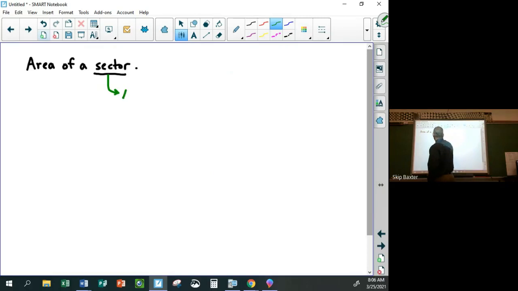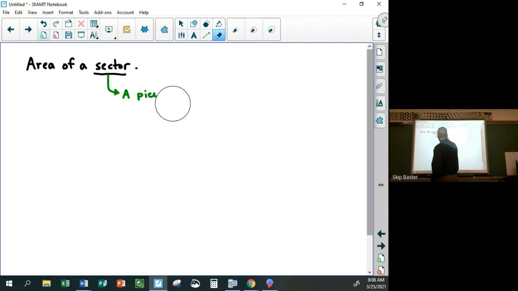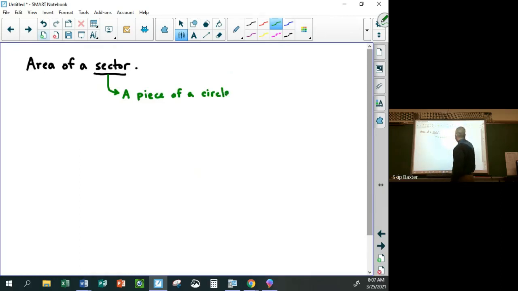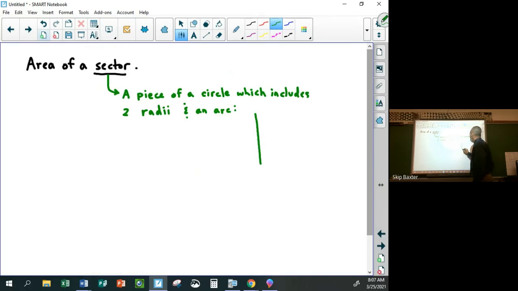Okay, this is just a piece of a circle, which includes two radii. That's the plural for radius, two radii, and an arc. So it would look like a slice of pie. Radius, another radius, and then an arc between them.